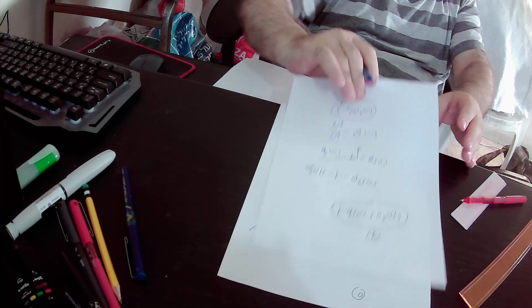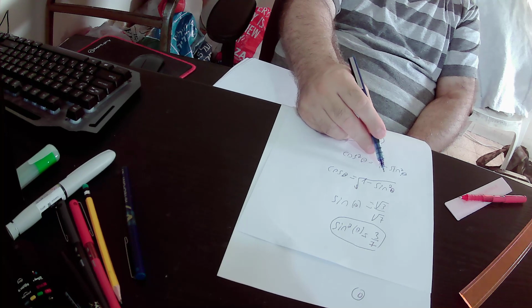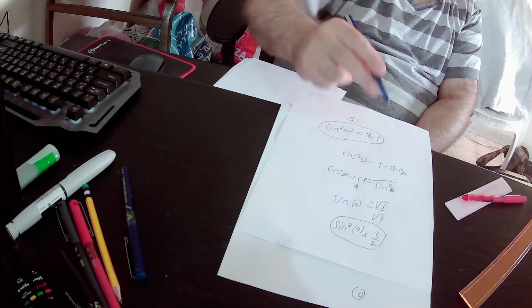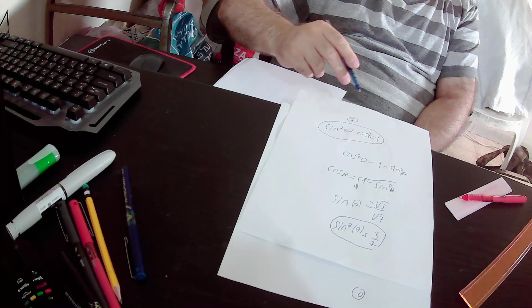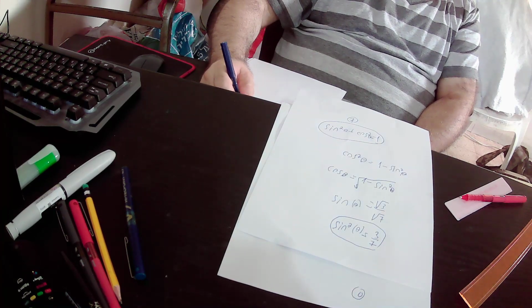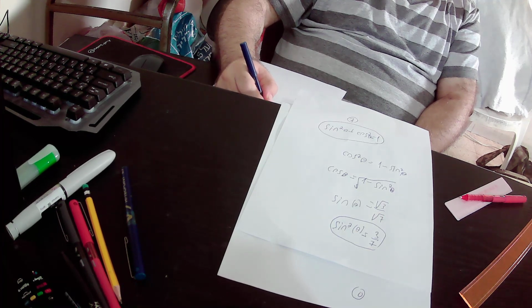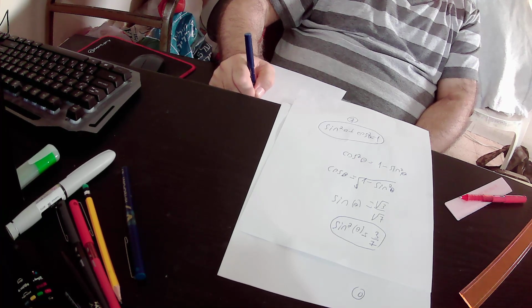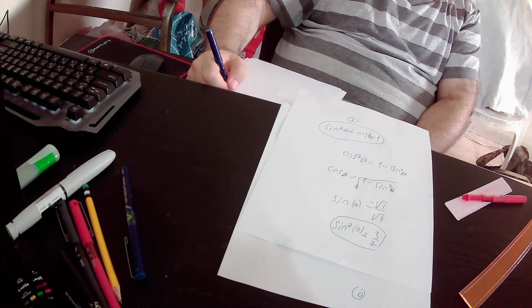So we can substitute sine theta squared by 3 over 7, and we'll get that cosine theta equals the root of 1 minus 3 over 7.